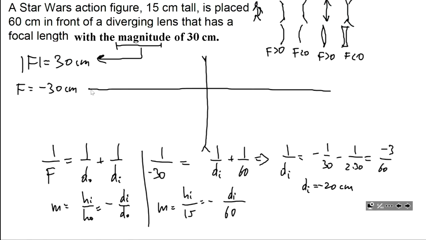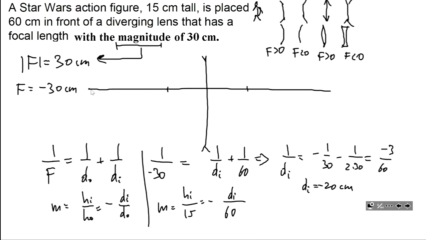But also it's handy, it saves time, just to know that when a mirror is involved, a mirror doesn't transmit light, so virtual images will be behind the mirror on the right side, but real images for a mirror are supposed to be on the left side with the object. But a lens is a transparent device. So to form a real image, light must get through, so it will be on the opposite side. A virtual image is supposed to be formed by a lens on the same side with the object.